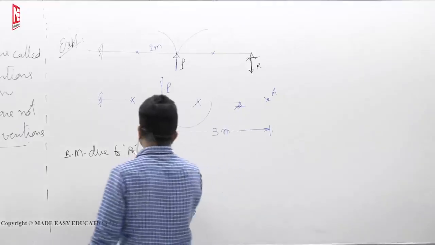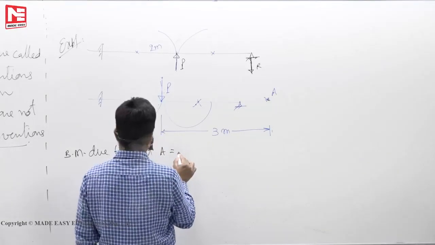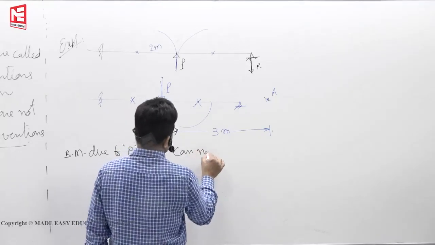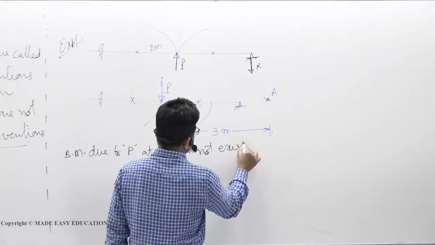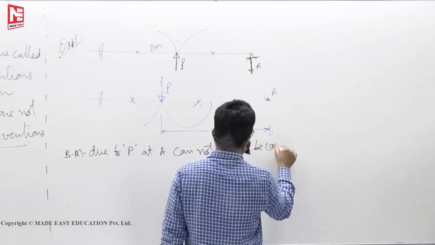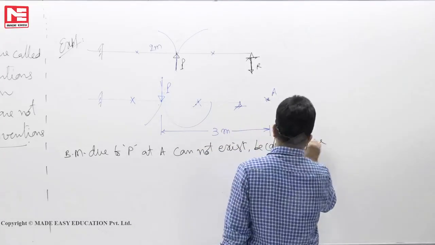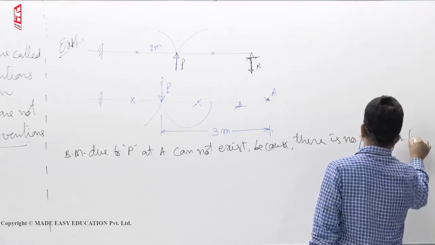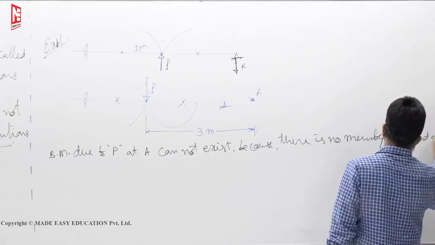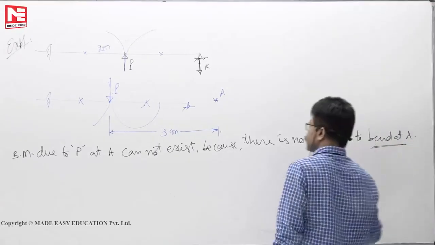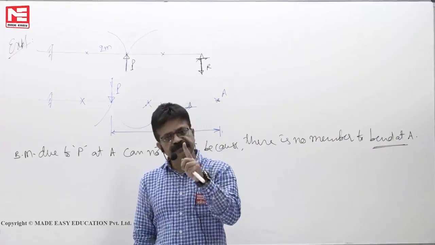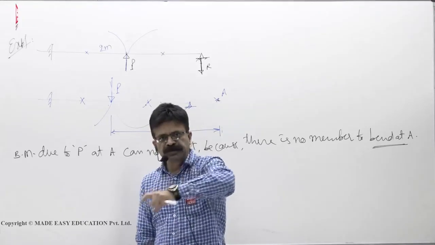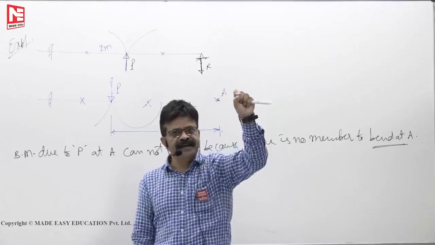So bending moment due to P at A cannot exist because there is no member to bend at A. But in the trusses chapter, if you remember vaguely, in the method of sections when you cut it, you found moments of all forces about some point in air.